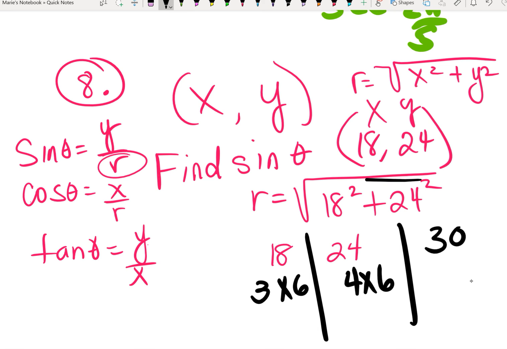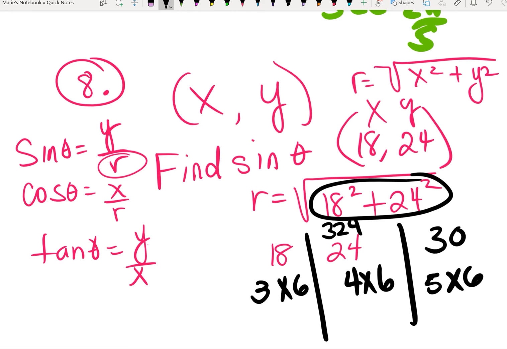I bet when I do this, I'm going to end up with the ratio 3, 4, 5, because that'll be the square root of 900. I've got to prove it to myself here. So 18 times 18 is 324. And if I add to that 24 times 24, which is 576, I get 900.